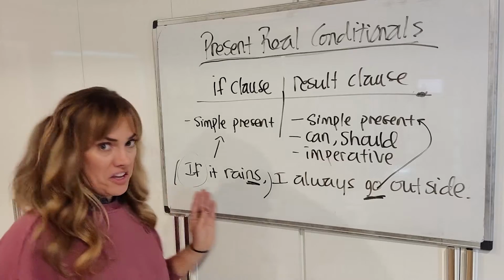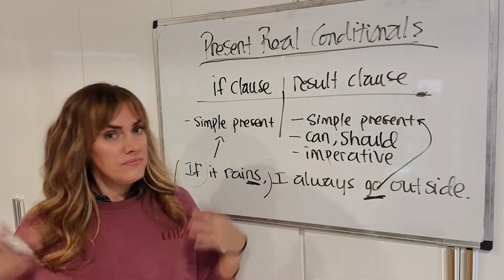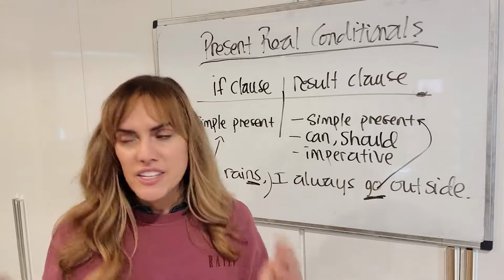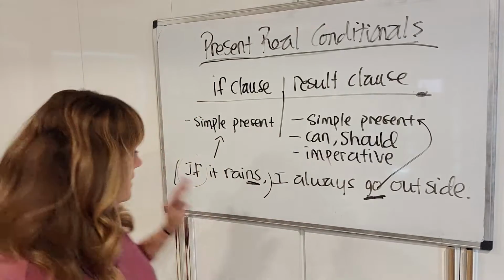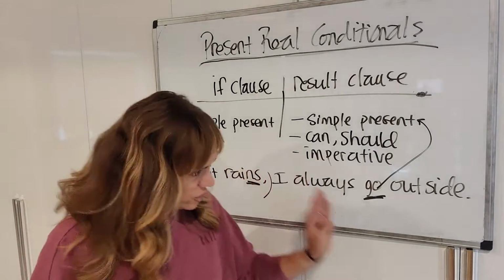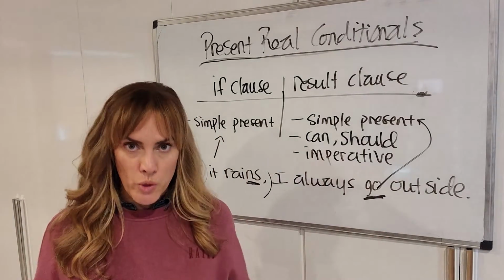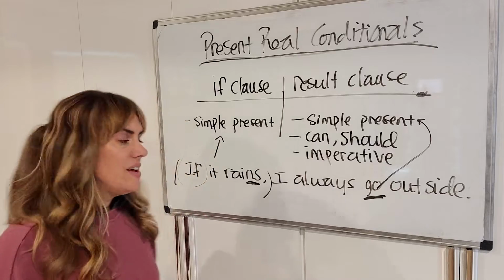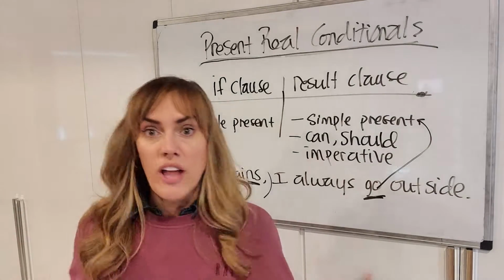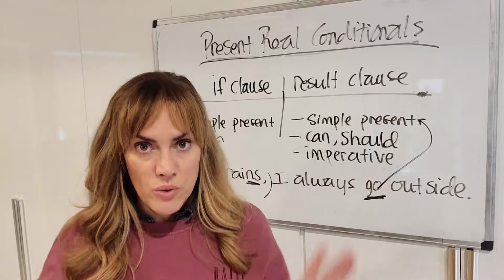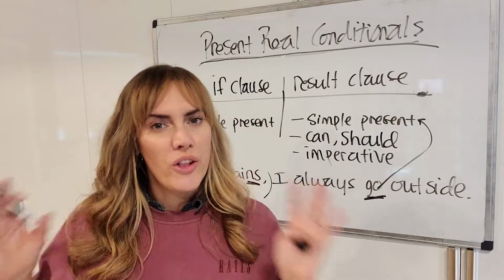Okay, so if it rains, I always go outside. Every time it rains, I go outside. Cause, effect, it's real. It happens. It can happen my whole life. It happened when I was young. It happens in the future. It happens now. So it's a general truth or like a habit.